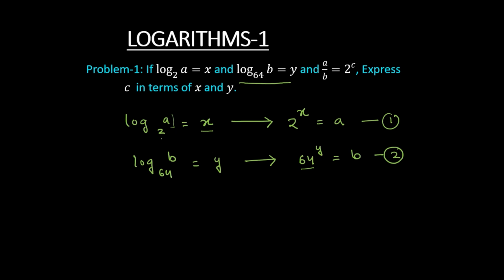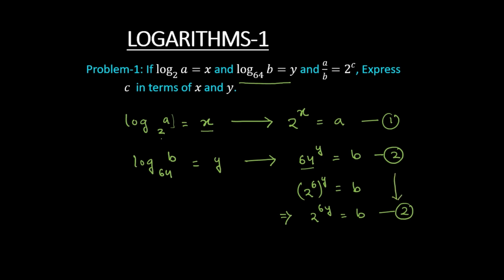So I can write this as 2 raised to the power 6, raised to the power y, equals b, which can also be written as 2 raised to the power 6y equals b. This is my equation 2 in simplified form.